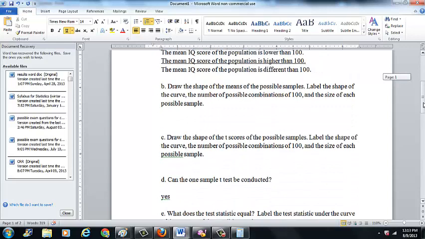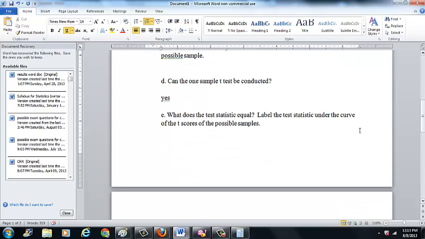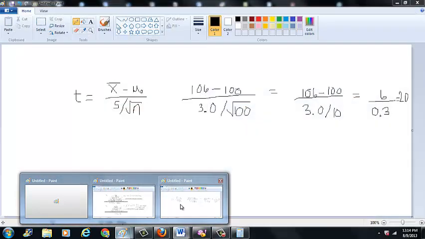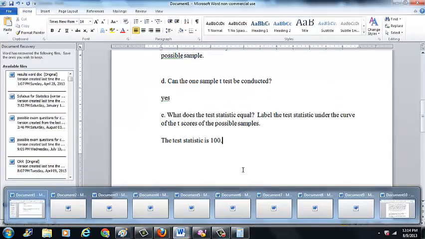So for question E, we know our test statistic is 100. Now it says label the test statistic under the curve of the t-scores. Wait, was our test statistic 100? No, it was 20. Sorry.